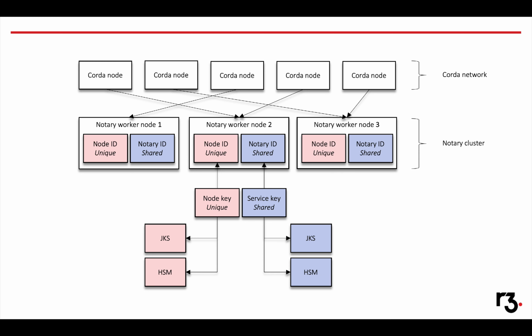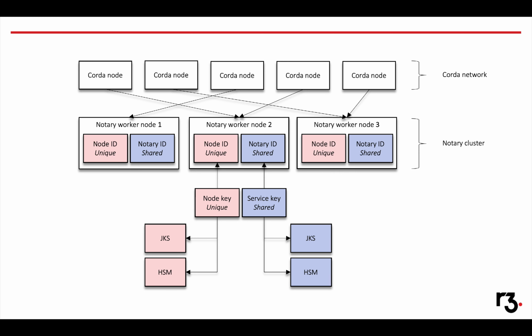Exactly. This is the preferred option because we don't need to copy the private key material from one HSM to the next one. But this HSM should be highly available as well, otherwise it becomes a single point of failure. If this HSM is not available and it's the only HSM used by all the notary workers, then the notary service will become unavailable, because none of the notary workers are able to sign transactions anymore that they have verified.